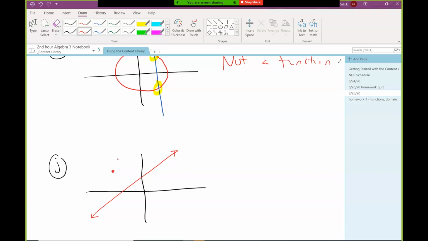So here our graph is J plus this little point. Right? So I drew this extra point in. I'll make it big so it's obvious that it's an extra point. Does this represent a function? Why not? Yeah, because of the point, right?